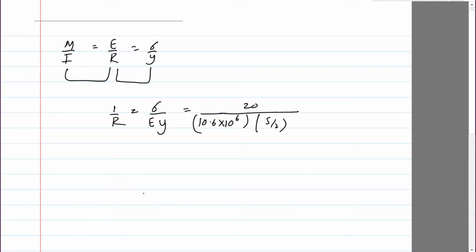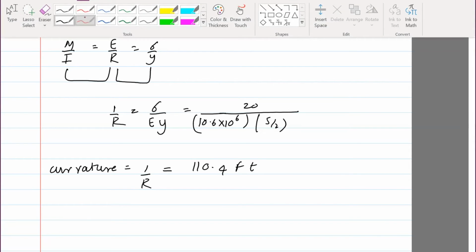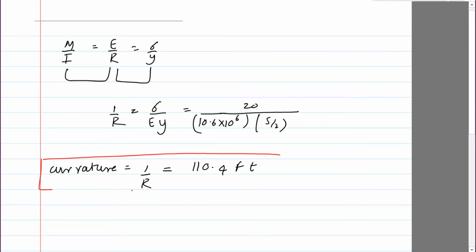I think people don't know about curvature. Curvature is the inverse of the radius. It is 110.4 feet. Okay, so you can see that the curvature is a really big value. It's 110 feet.